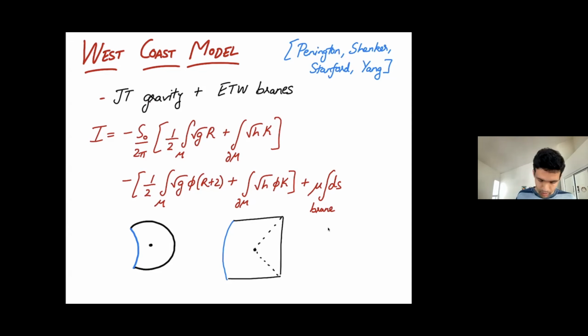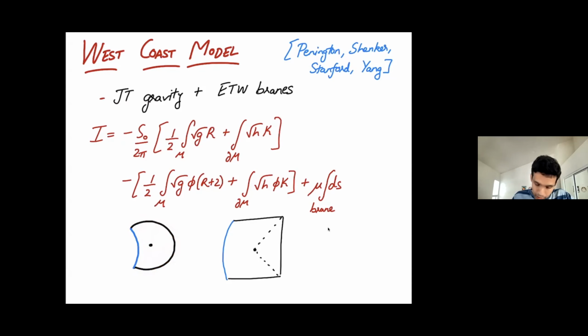The solutions to this action take the following form. In Euclidean, the solutions look like the following. We have an asymptotic boundary, where we fix some boundary conditions for JT gravity. And then there's an end of the world brane, which is denoted in blue here. So you get some sort of disk-like solution.